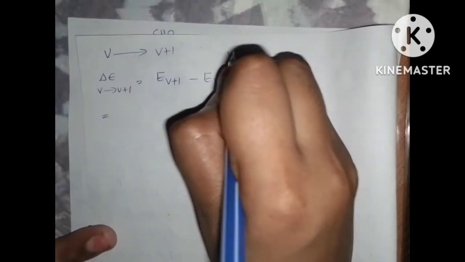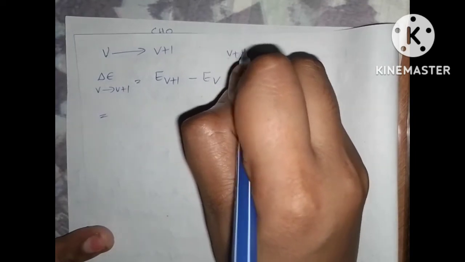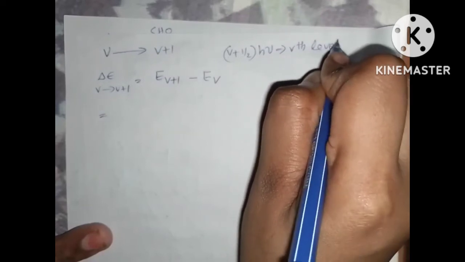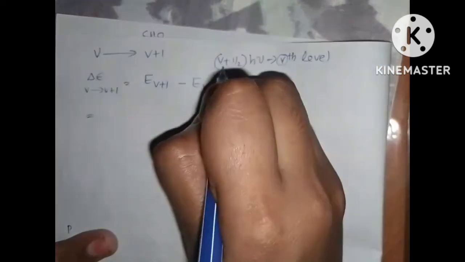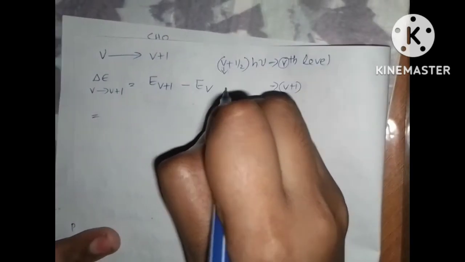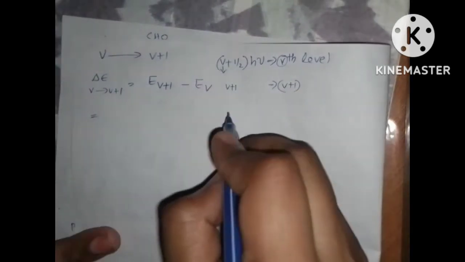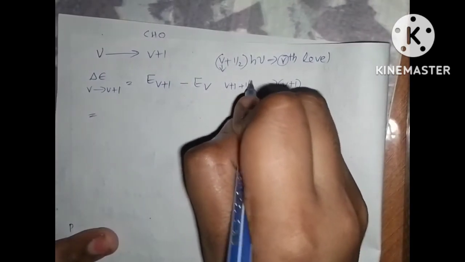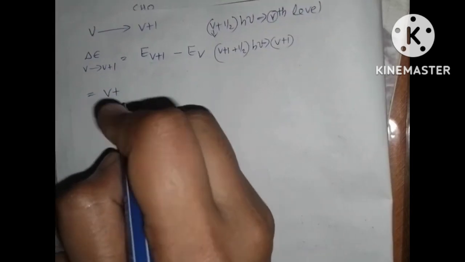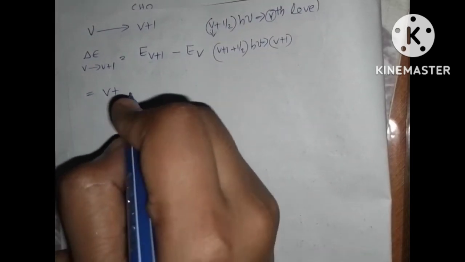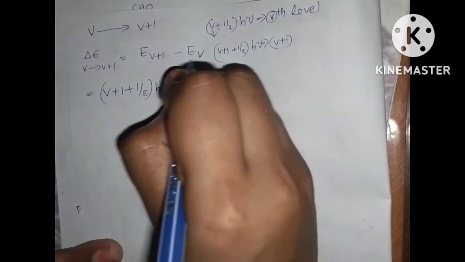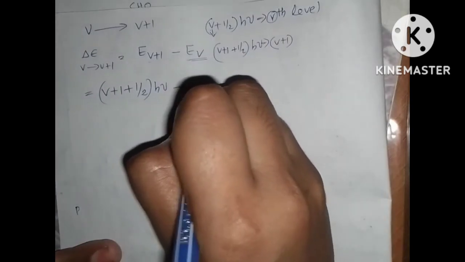We know for a level V, the energy is V plus half into h nu. So for the V plus 1 level, we put V plus 1 in place of V: V plus 1 plus half into h nu, minus the energy of Vth level, V plus half h nu.